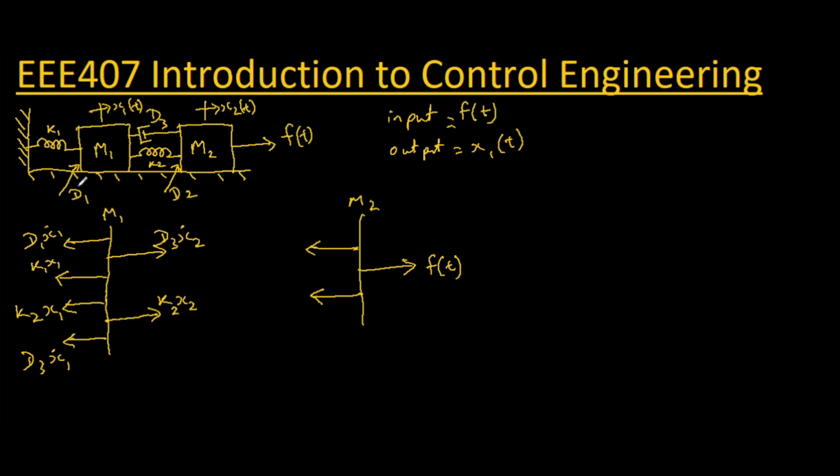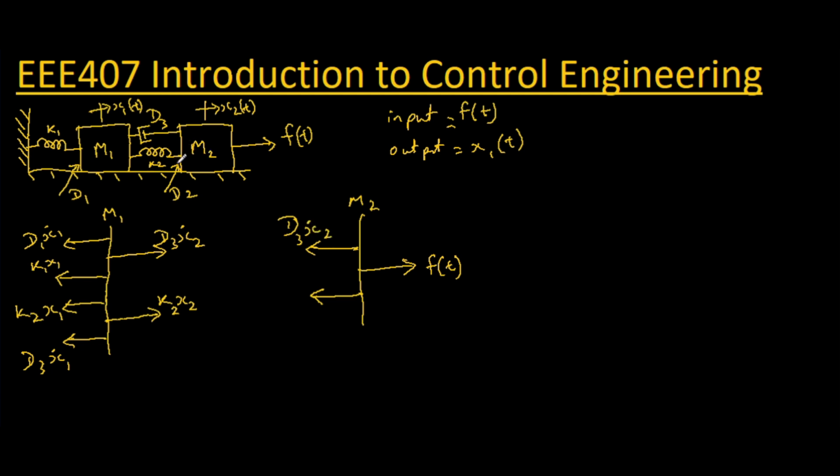Now, assuming that m1 is not moving, and you're just thinking about m2 that is moving towards the right, you have a force that is acting to the left, pulling m2 towards the left, and that will be your d3 x2 dot.